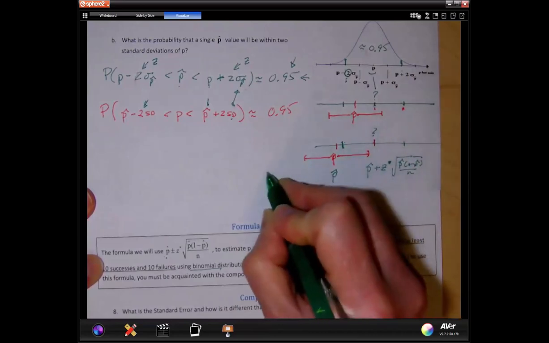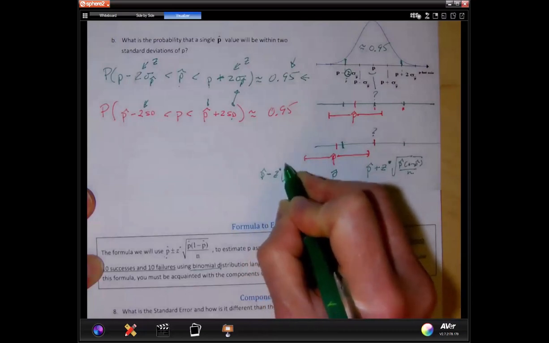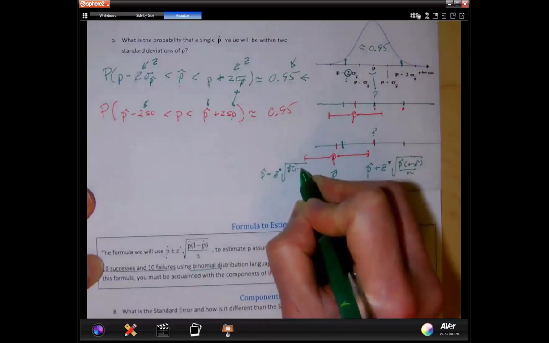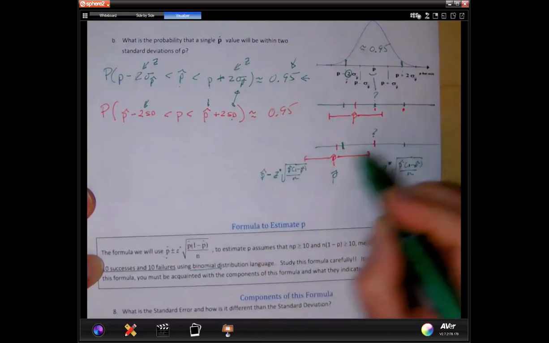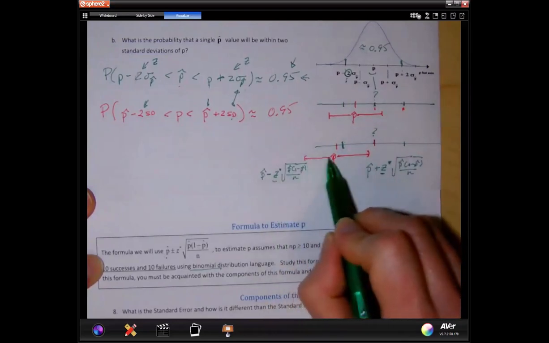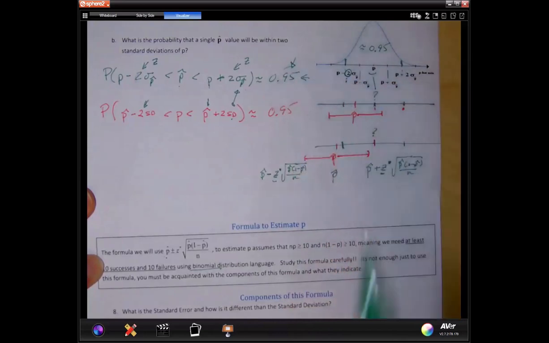On this other end, it's going to be p hat minus this value. And that's again how the visual of this range estimate works. This value, as you're going to see later, determines how wide it is, and it will determine this number right here, the likelihood of success.